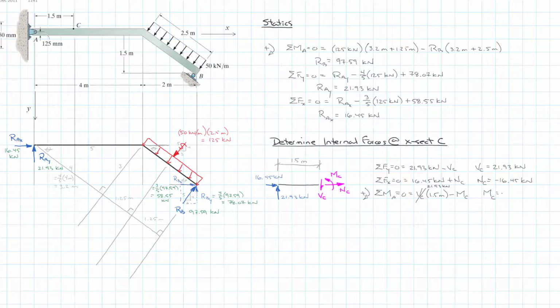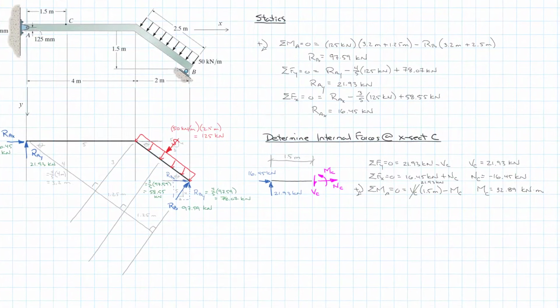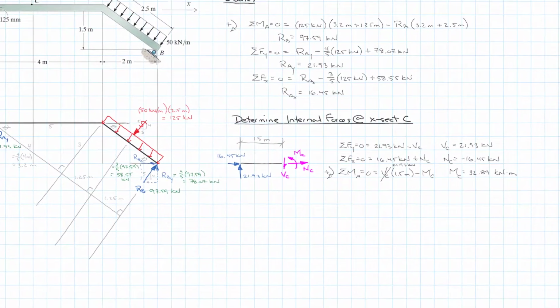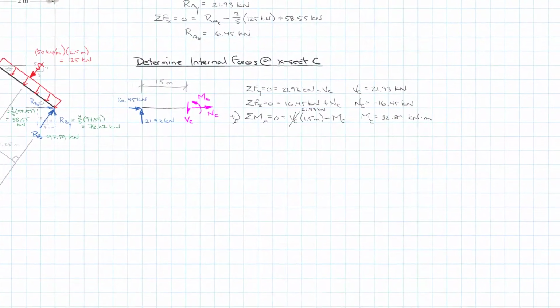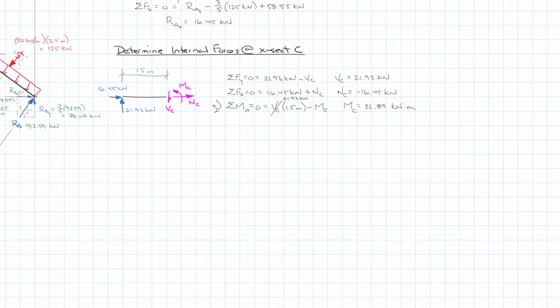And our moment then at C is equal to 32.89 kilonewton meters. And so we have all of our internal forces at C. So now the last step we have to do is look at each of those and say, okay, what stresses are they causing, and make sure that we incorporate those into our problem.